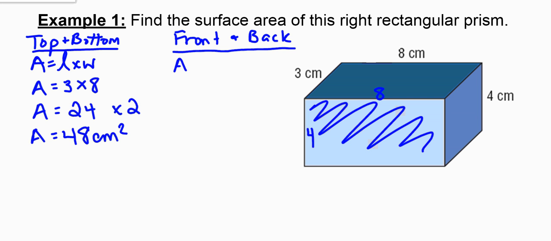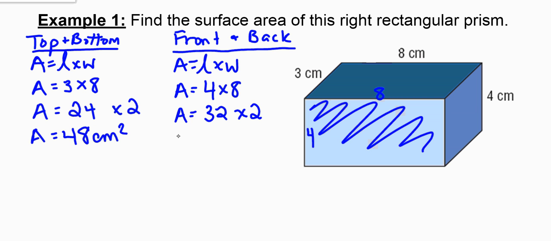So I have my area equals length times width. So area is equal to 4 times 8, which is equal to 32. I have 2 sides like that. I have one in the front and one in the back that we cannot see. And so my area here is equal to 64 centimeters squared. And then last but not least, I have my 2 sides.